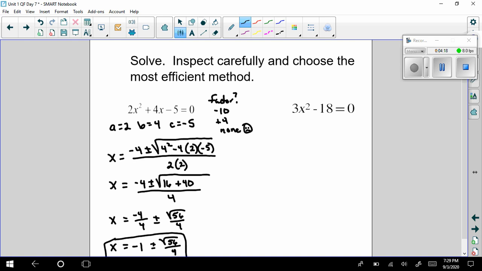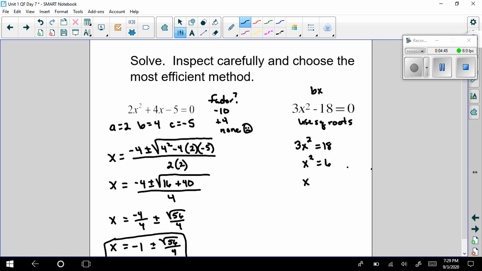Okay, so this one, notice your middle term is missing. You don't have a bx term. So the easiest way to do it is by using square roots. So move your 18 over. Divide by 3.